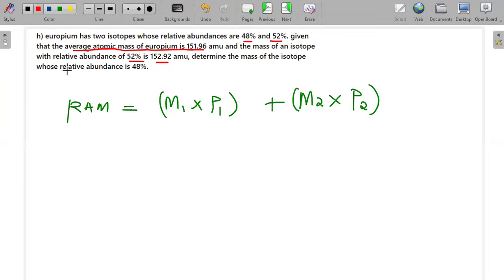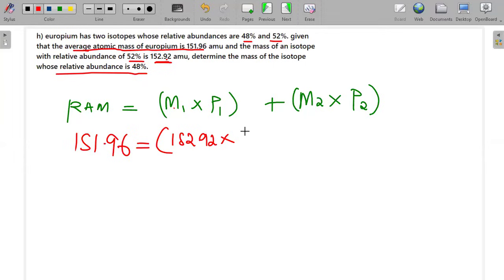Determine the mass of the isotope whose relative abundance is 48. So we take that as mass 1 and percentage 1. The RAM, the average atomic mass, 151.96, is equal to mass 1, 152.92, multiplied by the percent, 52 over 100, plus mass 2, which I don't know and is what I'm finding. The percent here is 48 divided by 100.